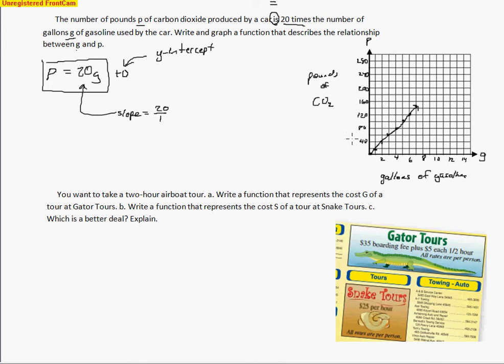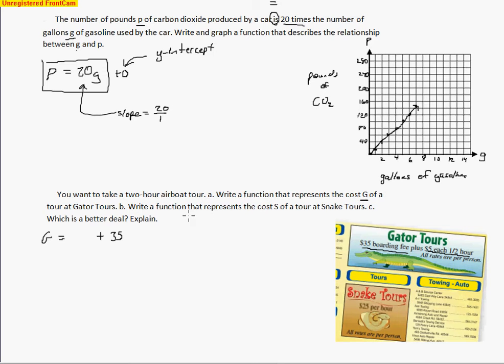Well, let's take a look at the last one. It says you want to take a 2-hour airboat tour, and you're supposed to write a function that represents the cost G of a tour at Gator Tours. And so here's Gator Tours right here. The cost G is equal to a boarding fee of $35. This is the constant amount, that's your y-intercept, the initial amount. So you pay $35 just for getting on the boat, and then you pay $5 each half hour.